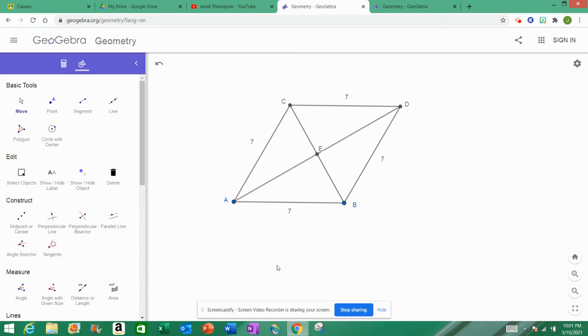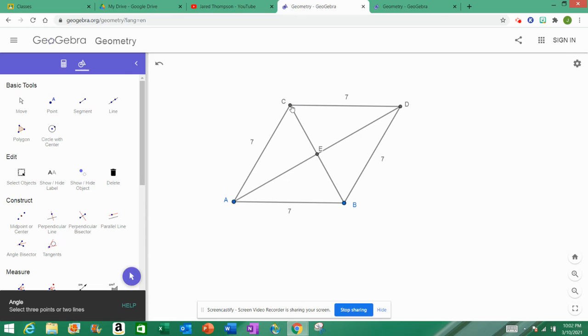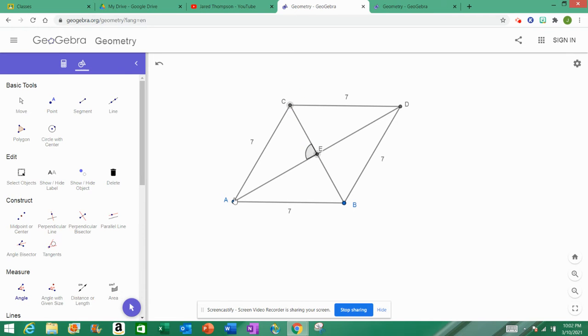So the first thing we're going to look at is what happens when the diagonals meet here in the middle. This actually might be the second property from the notes, but it doesn't matter what order they're in. So I'm going to measure all these angles right here. There's 4 different ones. Actually, I'm just going to do 2 of them.